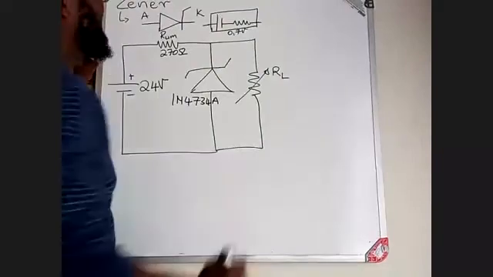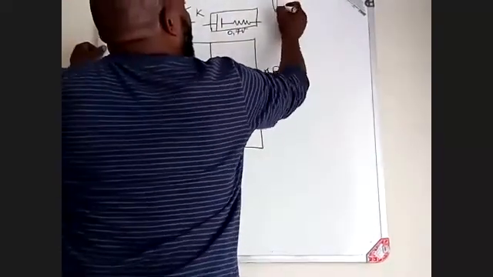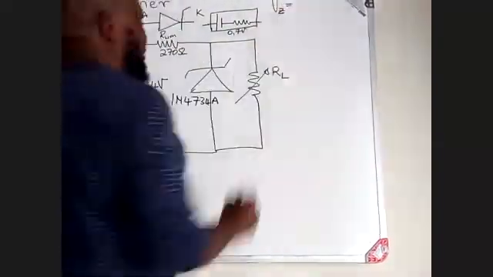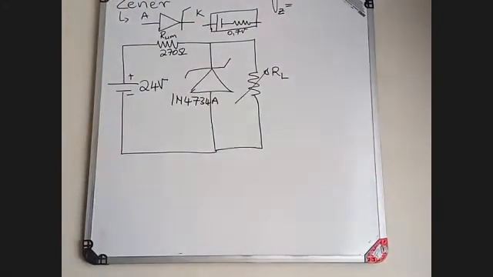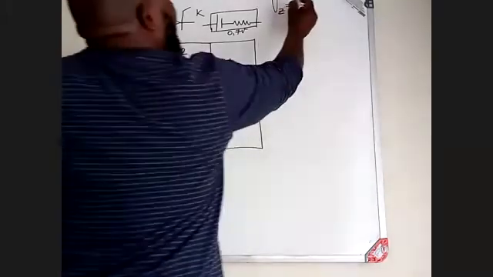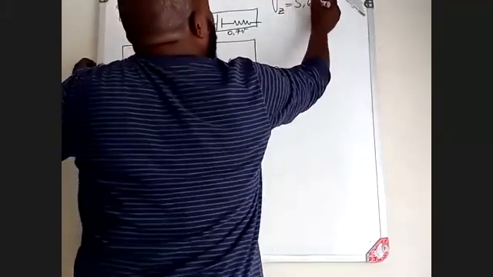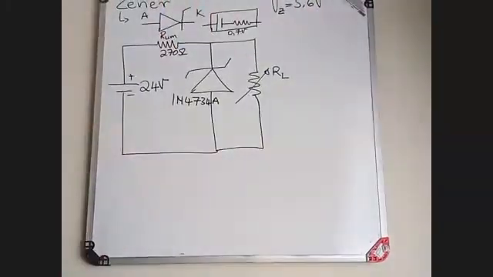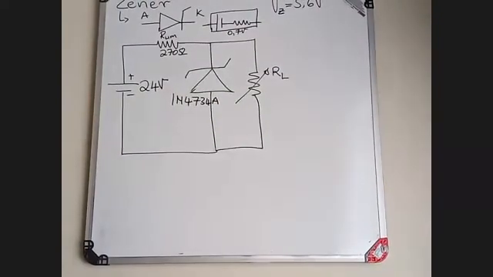The parameter of this Zener diode, it has a Zener voltage of 5.6 volts. Let me just mark it here so that I don't get lost. 5.6 volts. That is the output that this Zener diode can give out.